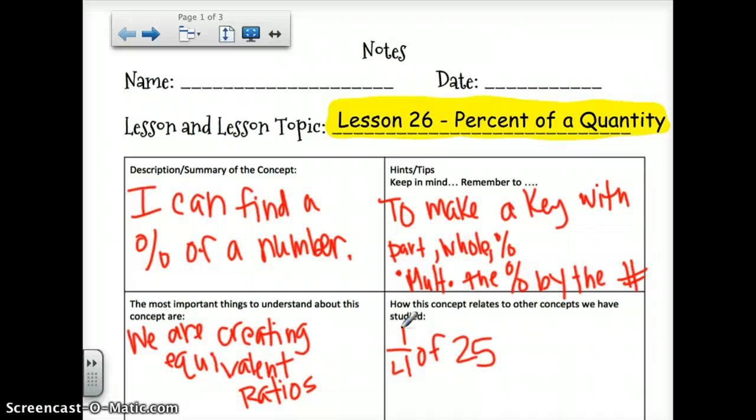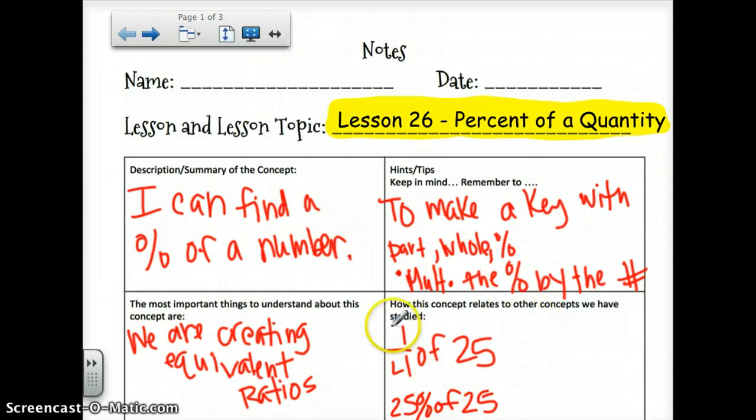Okay, so could I turn my fraction into a percent and say 25% of 25? Could I figure that out? Yes. I'm going to tell you that 1/4 is 25%. Yes, you need to write this down.